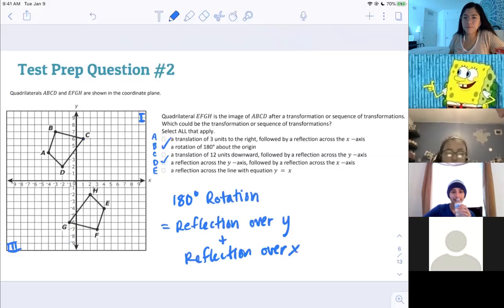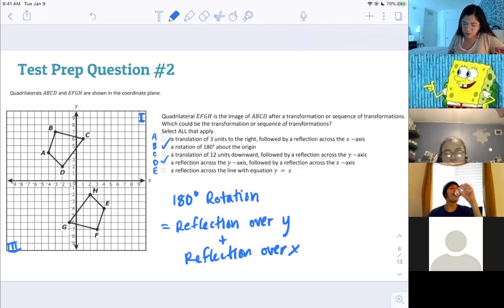Would it still be a 180 if it was first over the x and then over the y? Yeah, in any order. So those two things are always going to be the same. That's a cool rule that you can think about. But if you're taking your test and that situation comes up, you can remember, oh, that's the same thing.